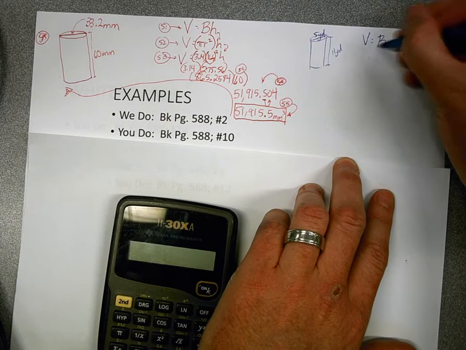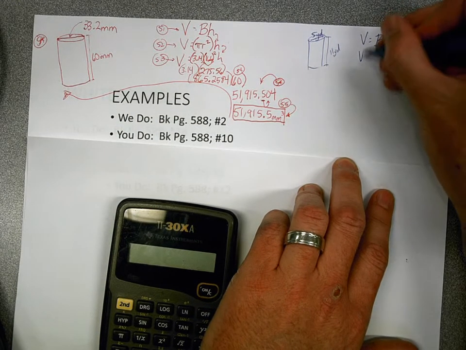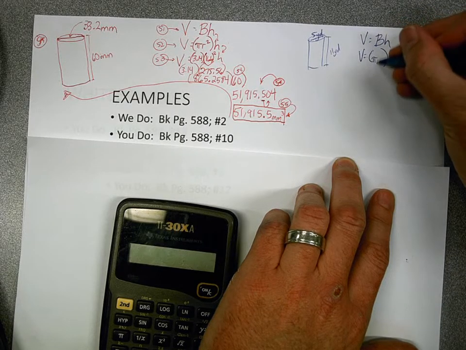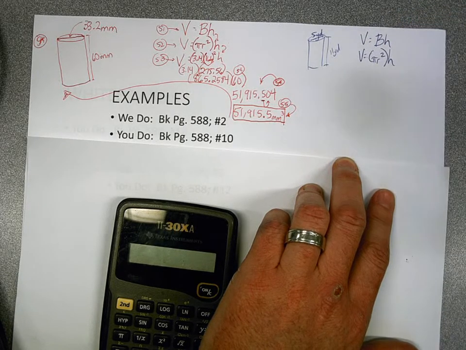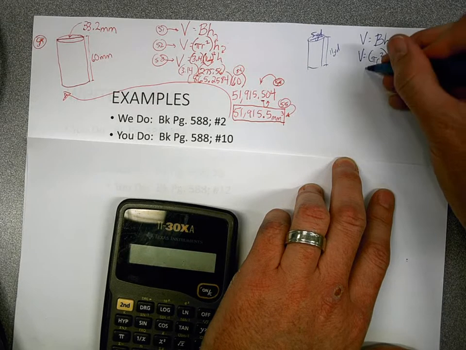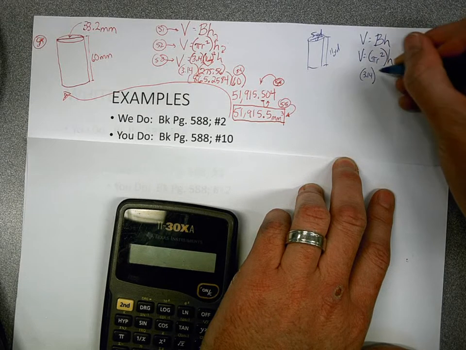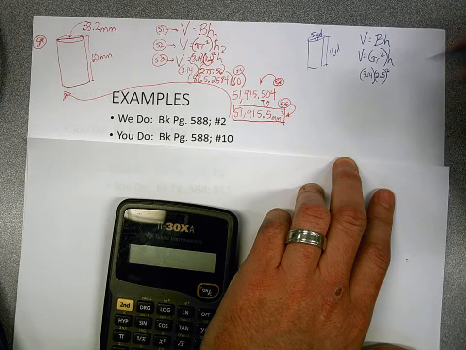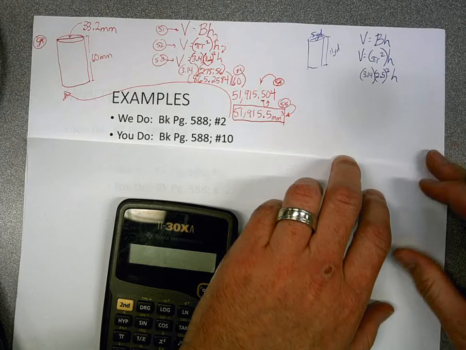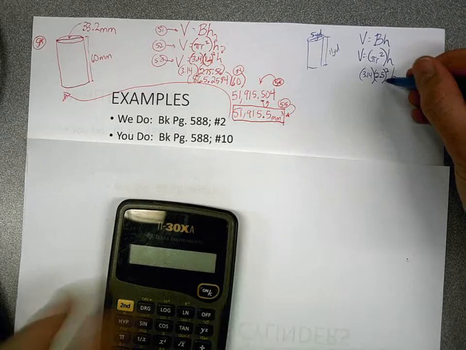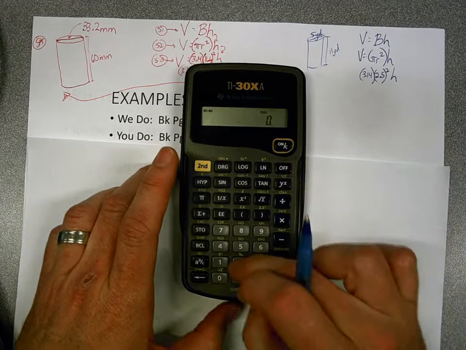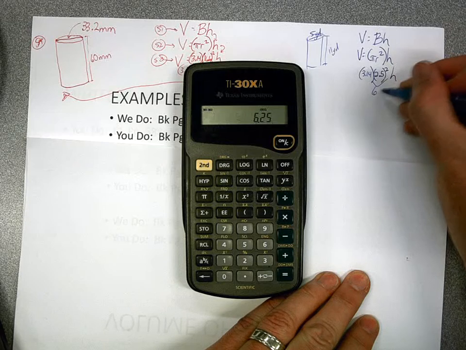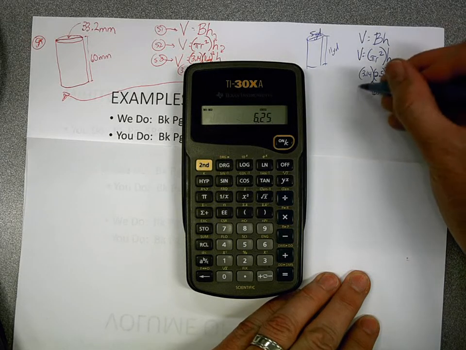Area of the base times the height. The base obviously is a circle, so pi r squared times the third dimension, or the height. In this case, pi is 3.14. The radius is not 5, it's half of 5, which is 2.5, times the height. 2.5 squared is 6 and 25/100.